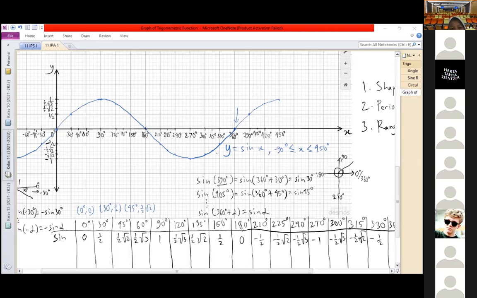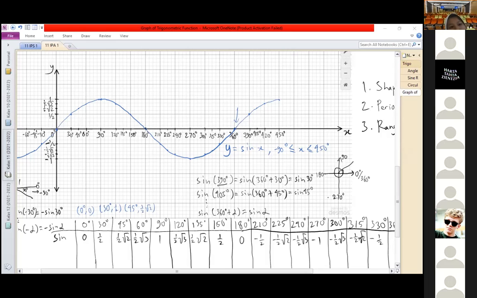Okay, sebentar. So you plot the graph, and then you write down the properties, especially the period and range.